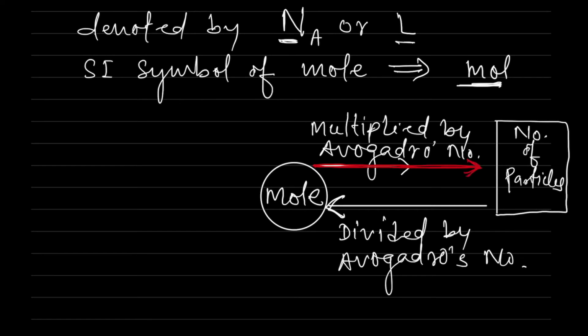If I have been given the mole and I want to convert it into number of particles, I have to multiply this mole by the Avogadro number. And if I have been given the number of particles, these can be converted into mole by dividing by Avogadro's number. This is the relationship between the mole and number of particles.